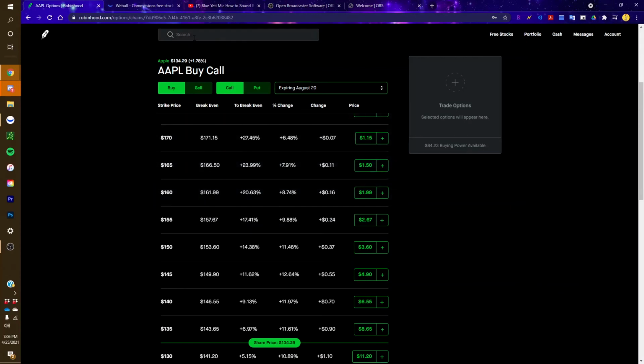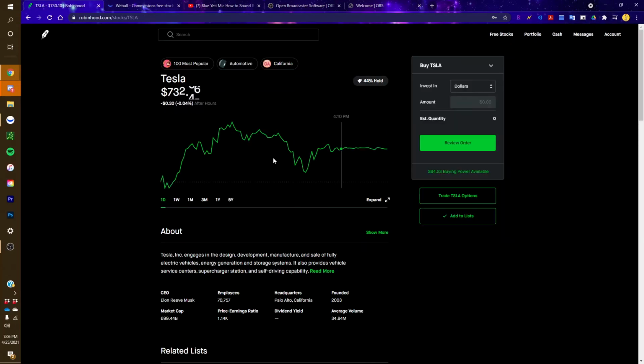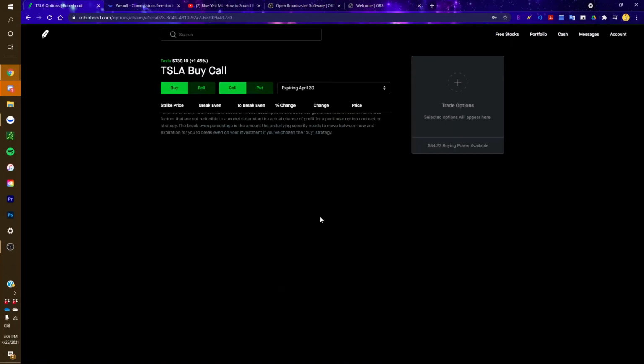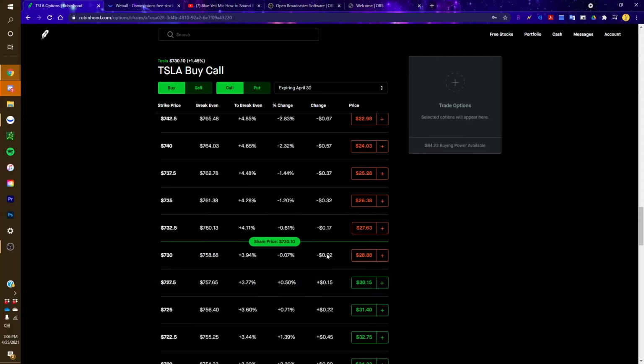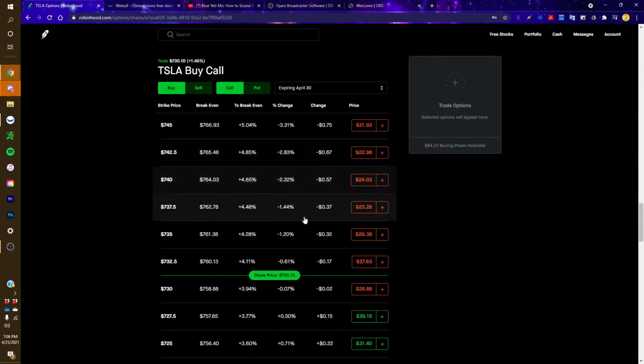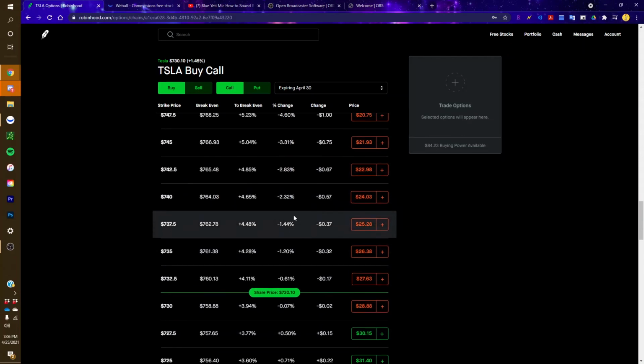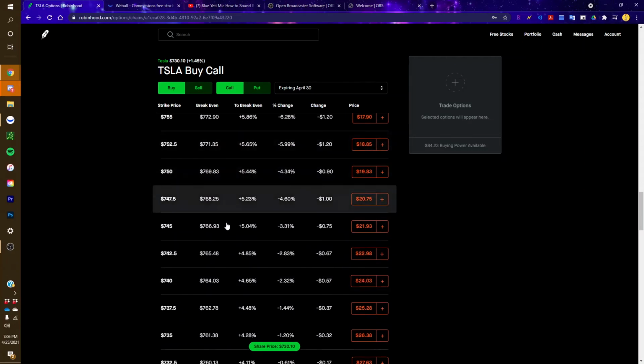So with a stock, let's say like Tesla, you're going to have very expensive options because one, it's already much higher priced than that Apple stock was, and two, with Tesla, the stock moves drastically.